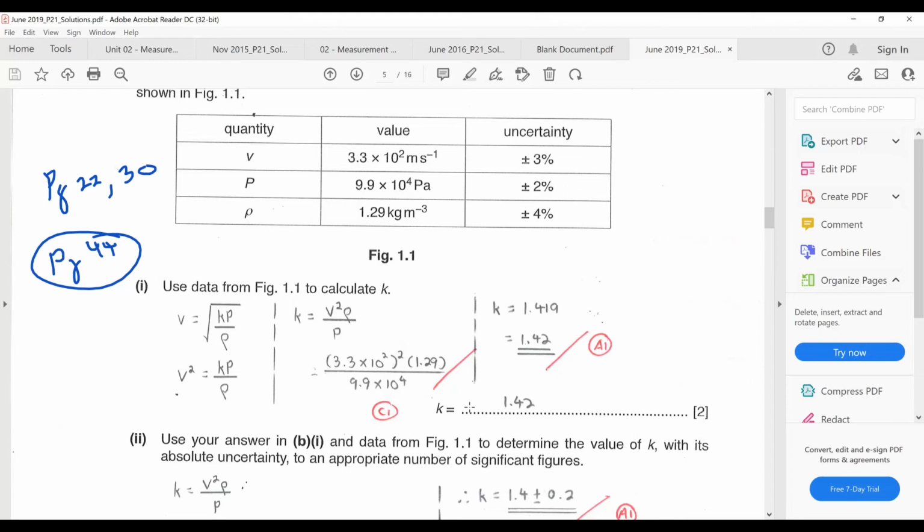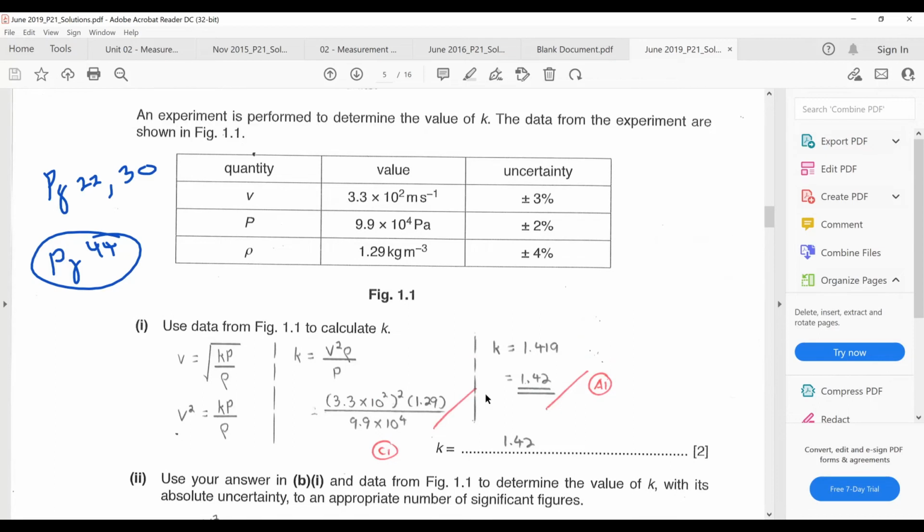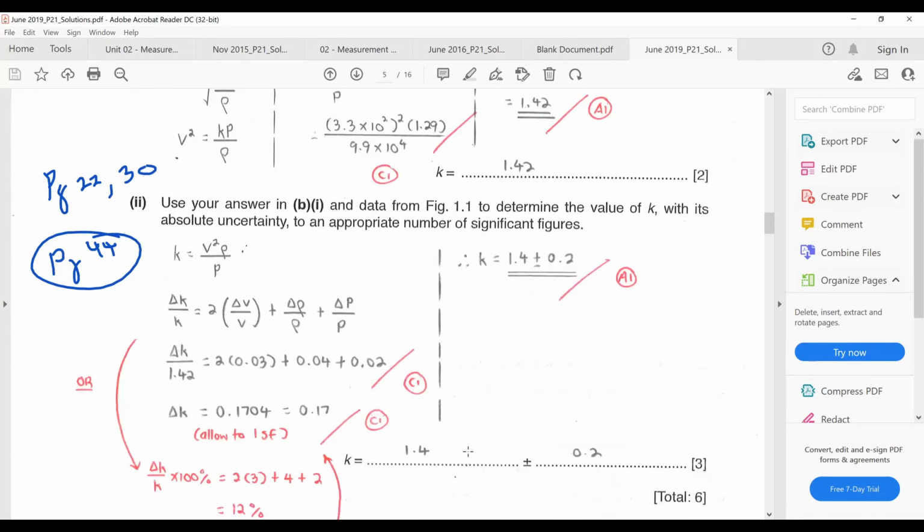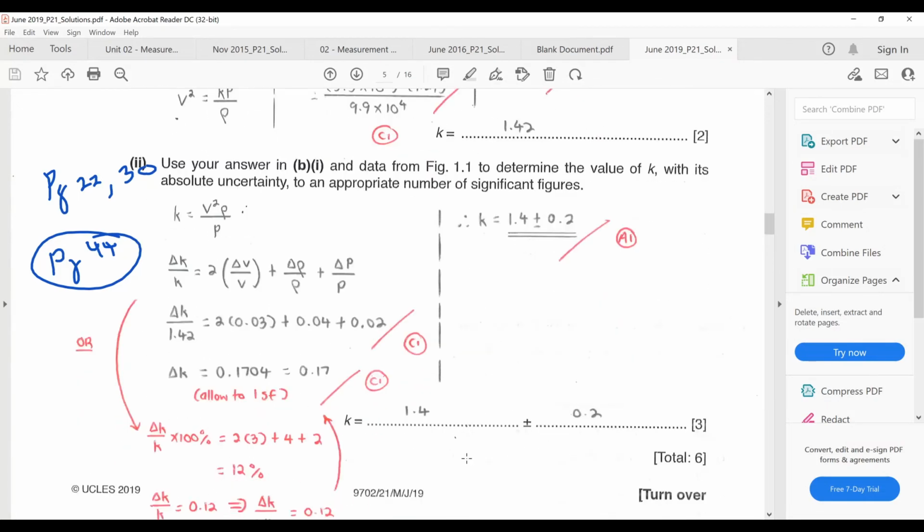Then after that, use your answer in B1 and data from figure 1.1 to determine the value of K with its absolute uncertainty to an appropriate number of significant figures. Again, without looking at the answer, try to see whether you can get the answer and compare with the final value.